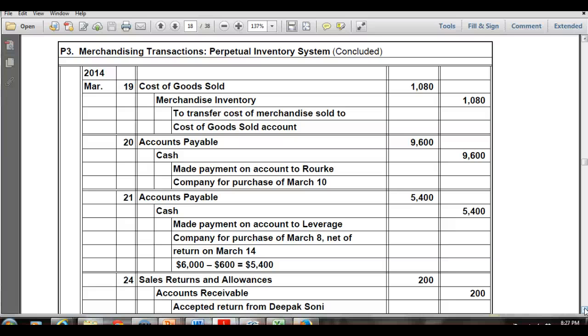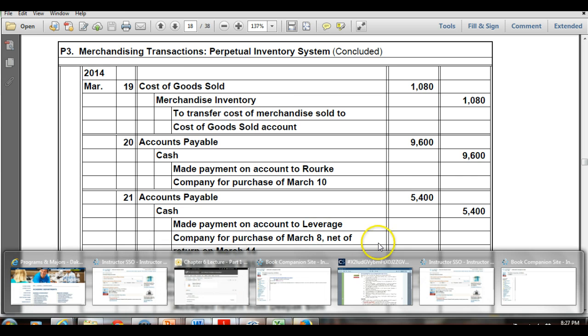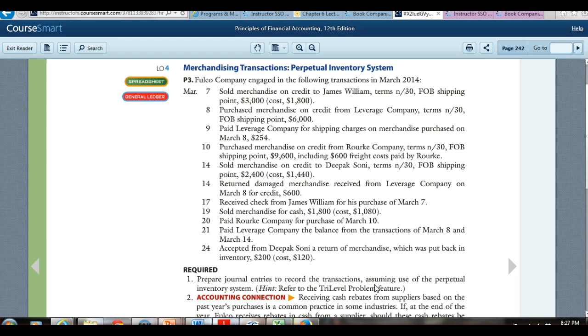We're getting close. Now, it says, accepted from Deepak Sony a return of merchandise which was put back in inventory, $200, but the cost was $120.